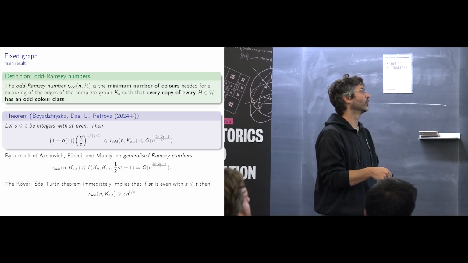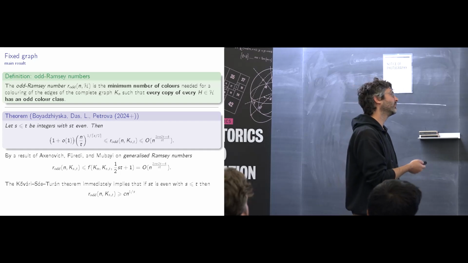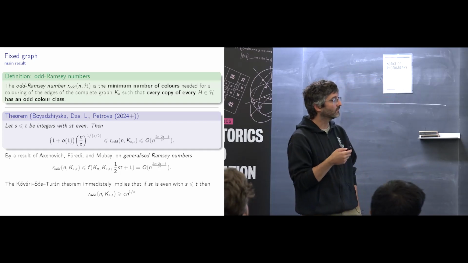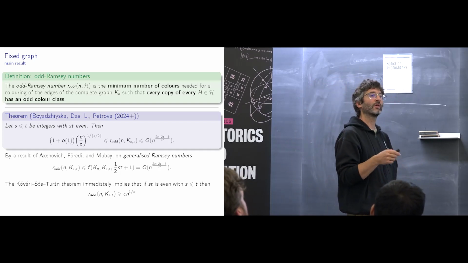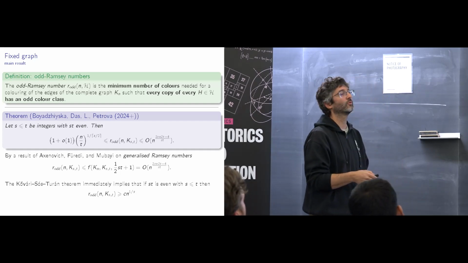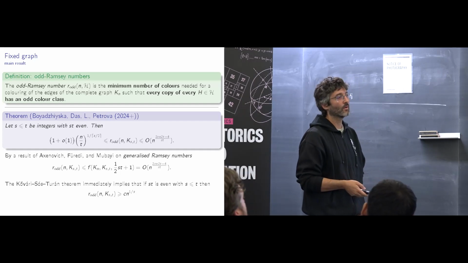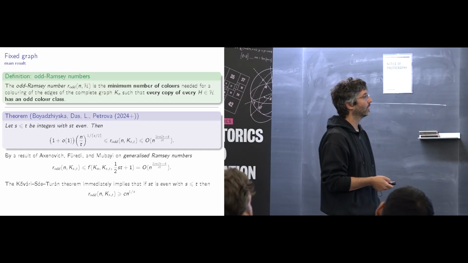We just took the Kővári–Sós–Turán. Kővári–Sós–Turán, if you don't know, it tells you that if you have a graph with high density enough, you must have in there a complete bipartite graph. So it's kind of a pigeonhole principle you apply. If you don't have enough colors, the Kővári–Sós–Turán will tell you that you have at least one monochromatic K_{s,t}.